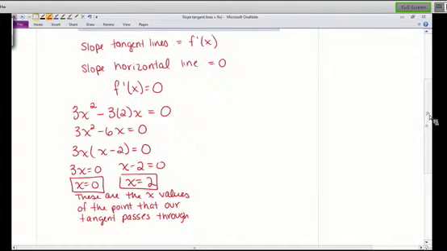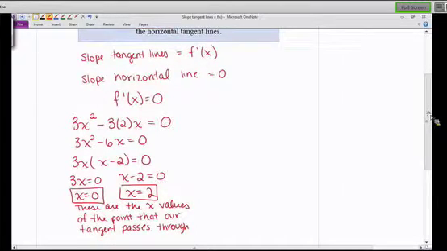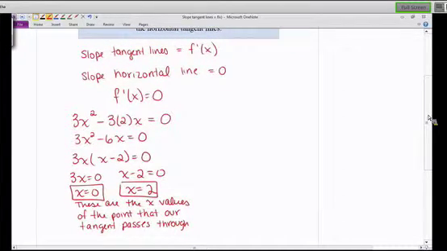Now we want to find our y values. We want to find the y values of our point. So to find the y values, we substitute x to be 0 and x to be 2 back into our original function.